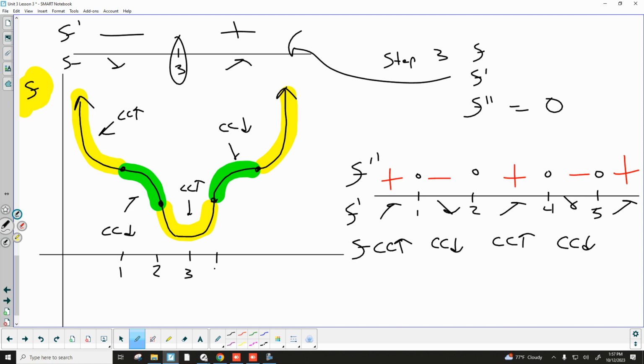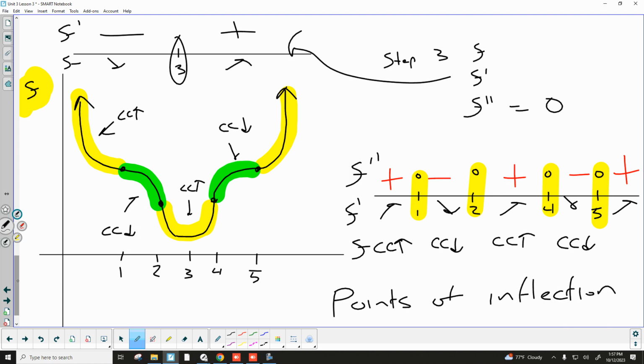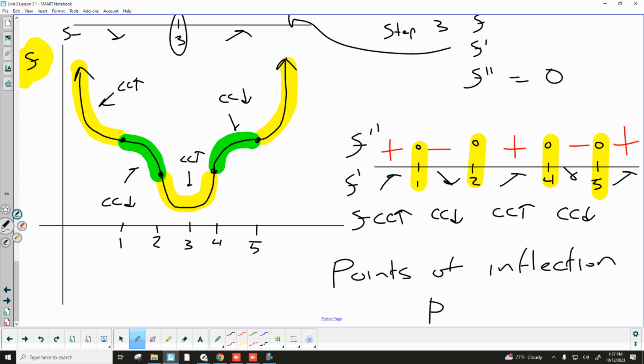A point of inflection is where your curvature of your original function changes. So, right here, x equals 1, our curvature changes from being concave up to concave down. We'll be able to identify that as a point of inflection by looking at our second derivative sign analysis, which tells us about your first derivative increasing, decreasing, which tells you about the curvature of your function. Okay?